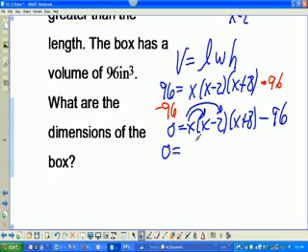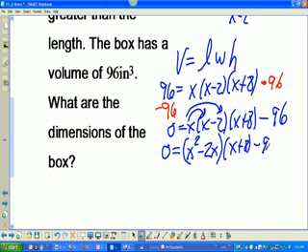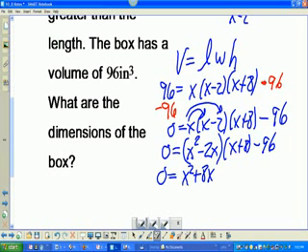So if I distribute the x's inside the first parenthesis, I get x squared minus 2x times x plus 8 minus 96. So let's distribute again. So then I'll get 0 equals x squared plus 8x squared. Well, let's try that again. I said that wrong.